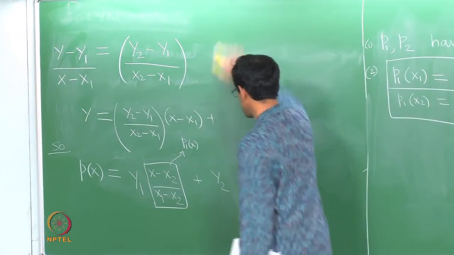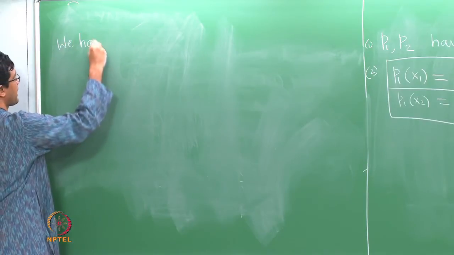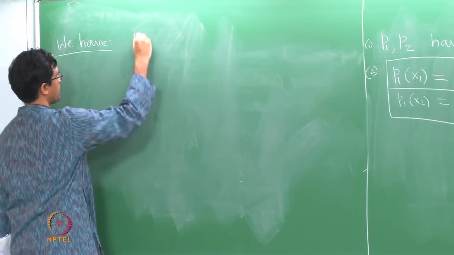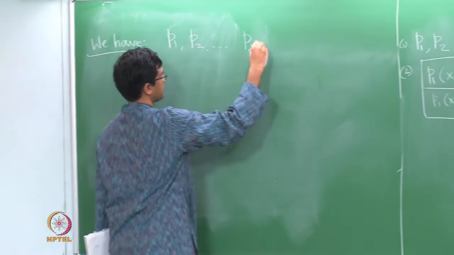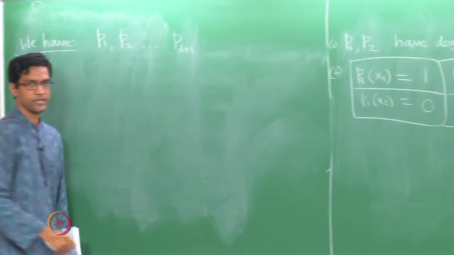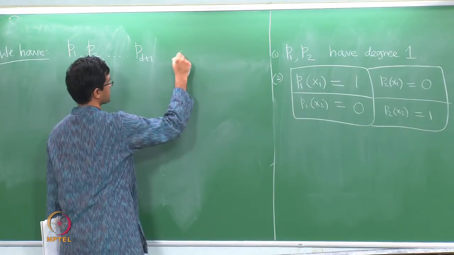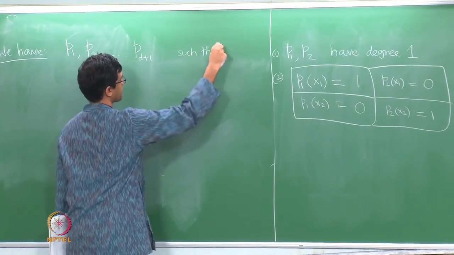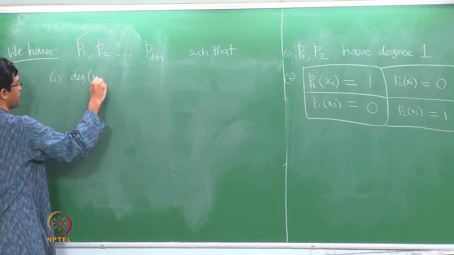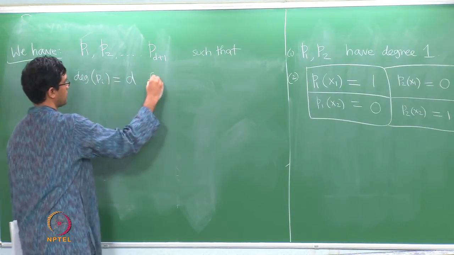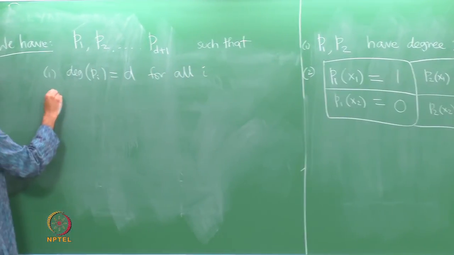So now why is this useful? So what do we have? So we now have many polynomials. We have polynomials p1, p2, up to pd plus 1, right? We have a formula there which works for every value of j, which have the following properties. What do we know about them? Well, they are all of degree d, degree of pi equals d for all i, by all i I mean all i from 1 to d plus 1.